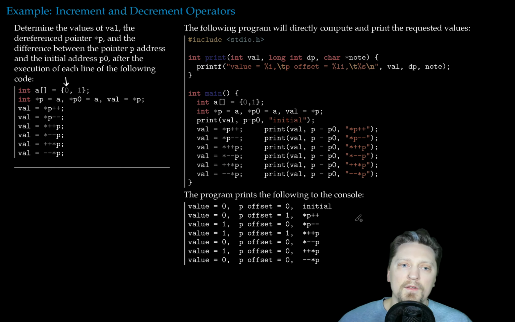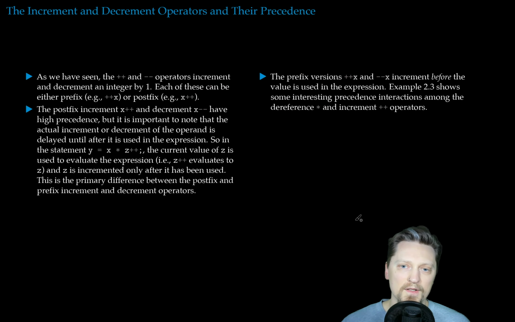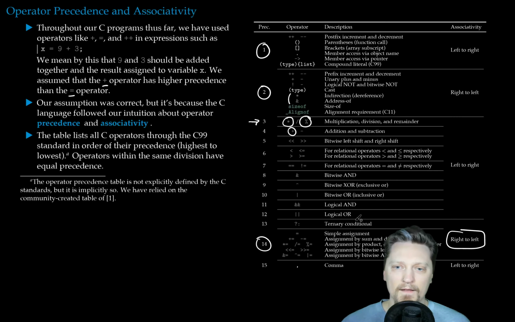So we have to look and see what is the operator precedence for the dereferencing operator and for the postfix increment. So let's go back to our table and take a look. We have the multiplication asterisk here, but the indirection dereference is here.